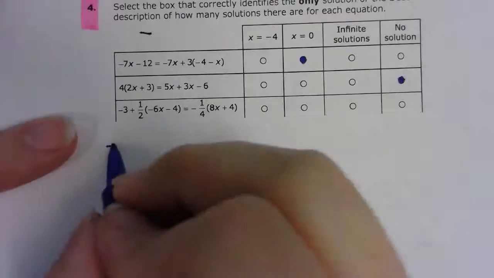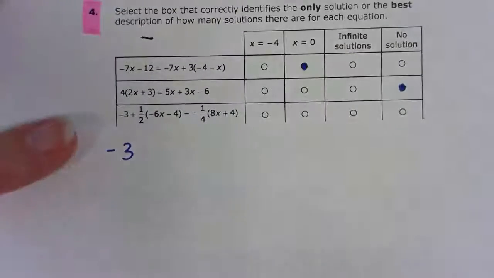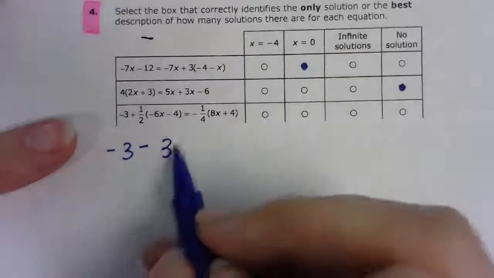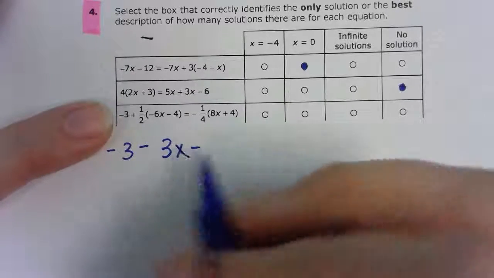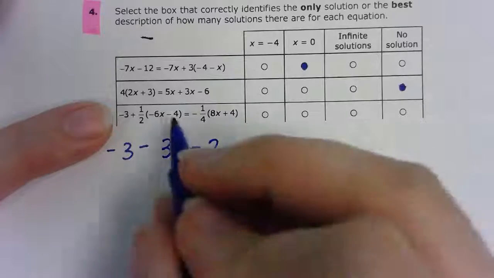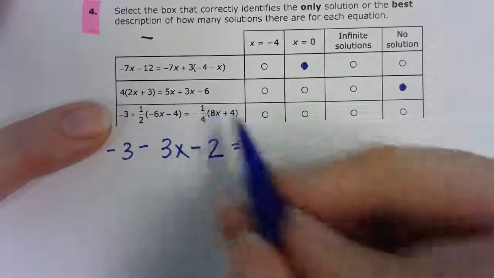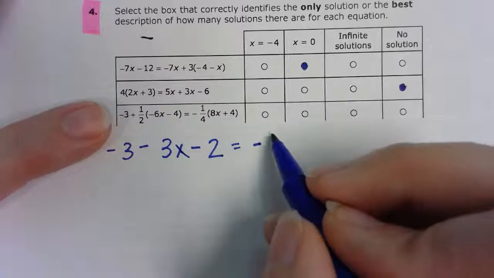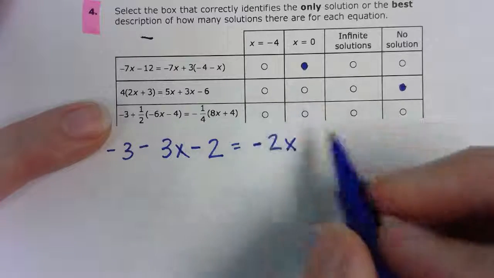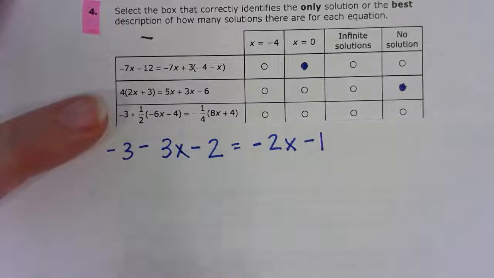I have negative 3 minus 3x when I distribute that 1/2, minus 2 when I distribute that 1/2 to the other one. Negative 1/4 times 8 is minus 2x. Negative 1/4 times 4 is minus 1.